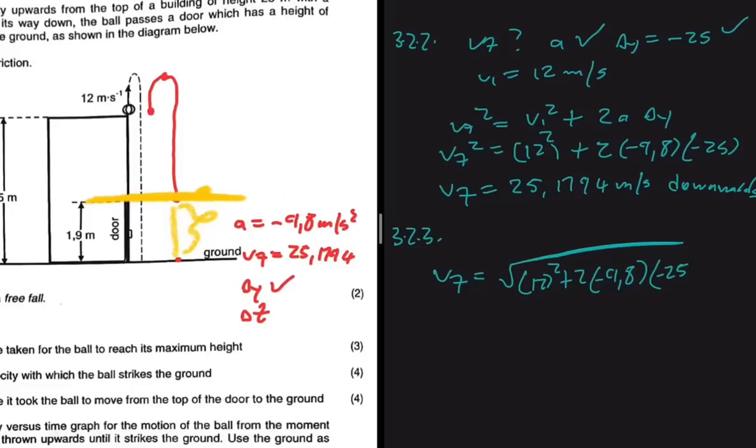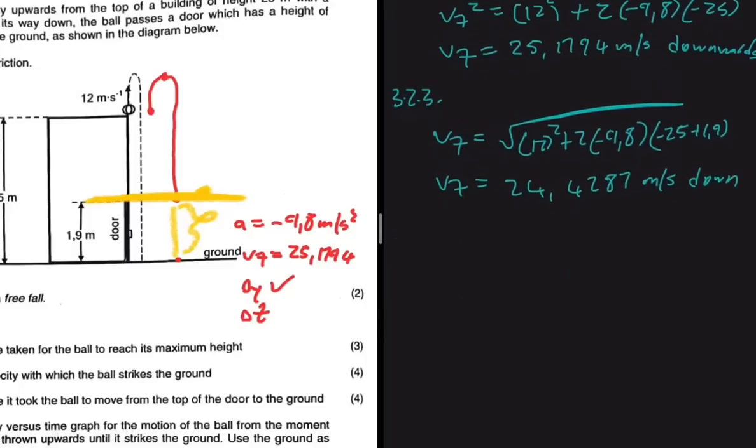But then because we have a minus, we're just gonna add so that we can have a less delta Y, right? Think about it. I'm sure you're gonna get it. So plus 1.9 here, right? And if we compute that, we're gonna get VF is equals to 24.4287 meters per second downwards, right?